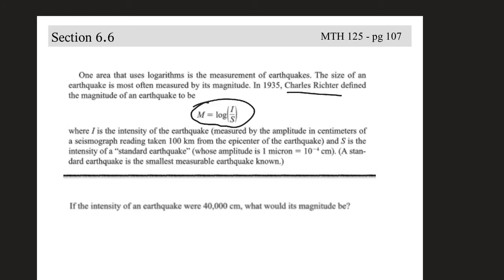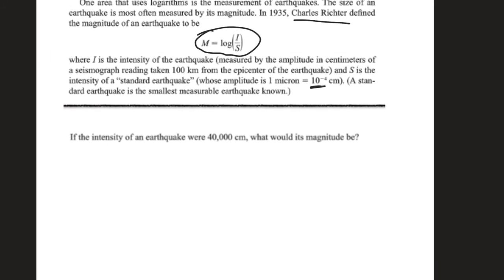Back to this, though. I is intensity measured in centimeters, and S is the intensity of a standard quake. In this case, we're going to use 10 to the power of negative 4 for S. So we're going to use that in place of S. Okay, so if the intensity of an earthquake was 40,000 centimeters, what would its magnitude be?